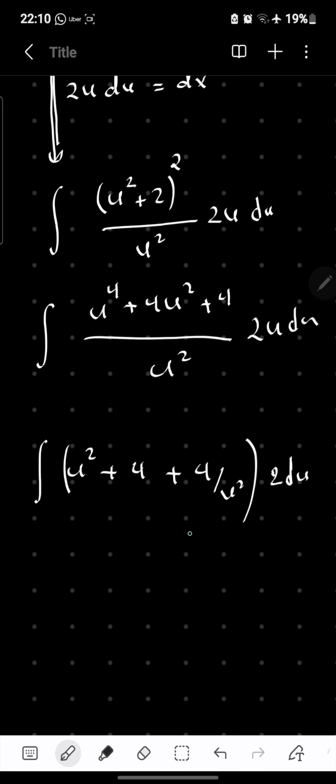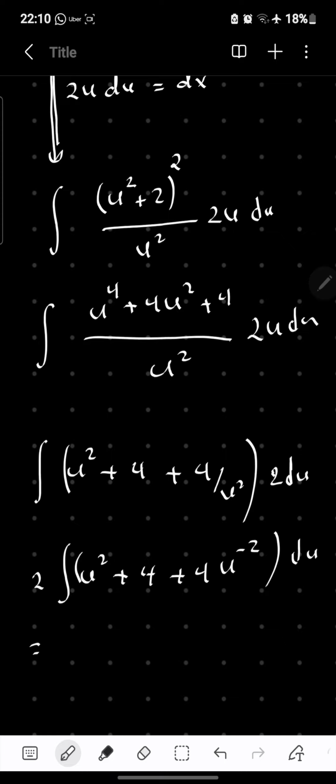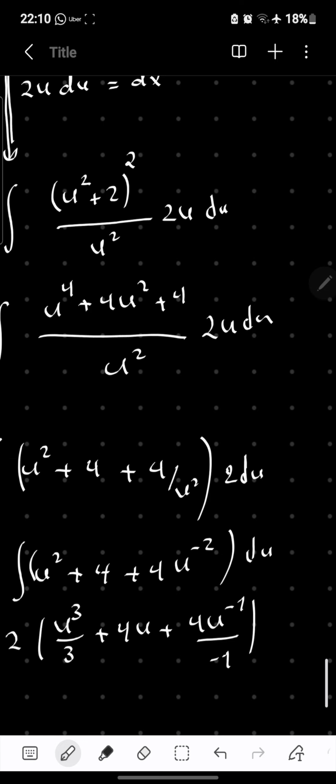Now we can integrate this very easily. It will be u^3 over 3 plus 4u plus 4u^(-1) when you raise the power by 1, over negative 1, plus c.